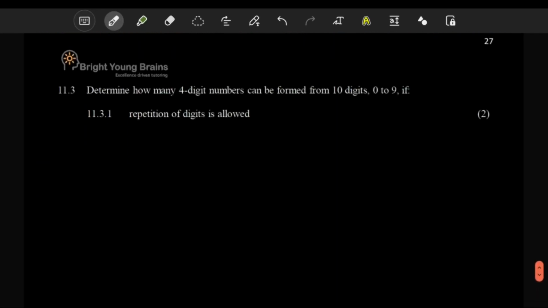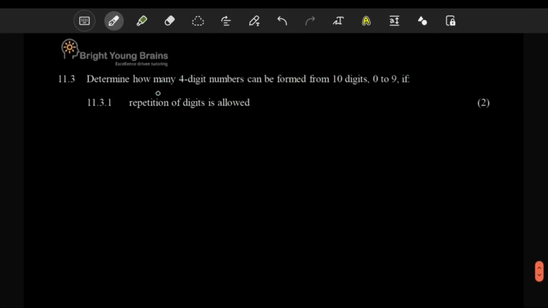So 11.3 says determine how many 4-digit numbers can be formed from 10 digits, which is from 0 to 9, if repetition is allowed. So this one is quite easy because they're asking for 4-digit numbers. So you have one slot, another one, and another one.